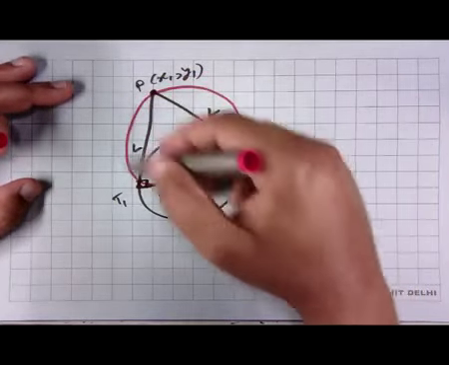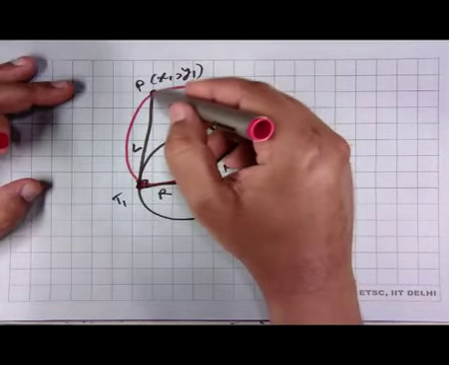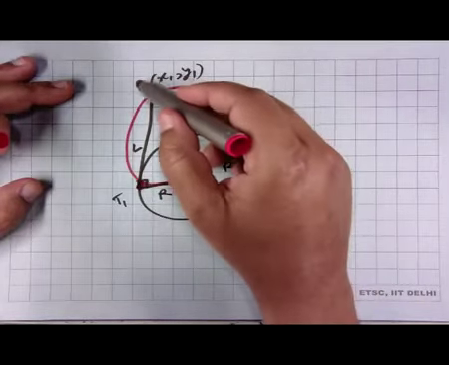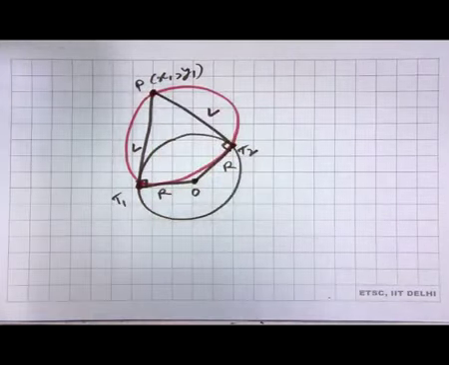So, we have to find the equation of this circle in red which passes through P, T1 and T2.